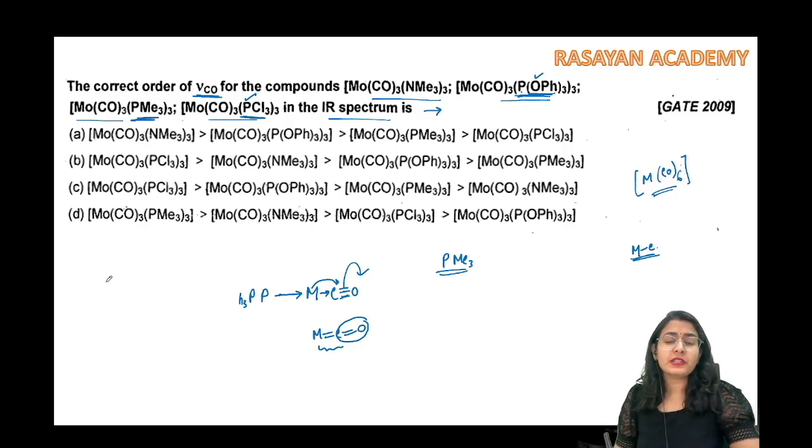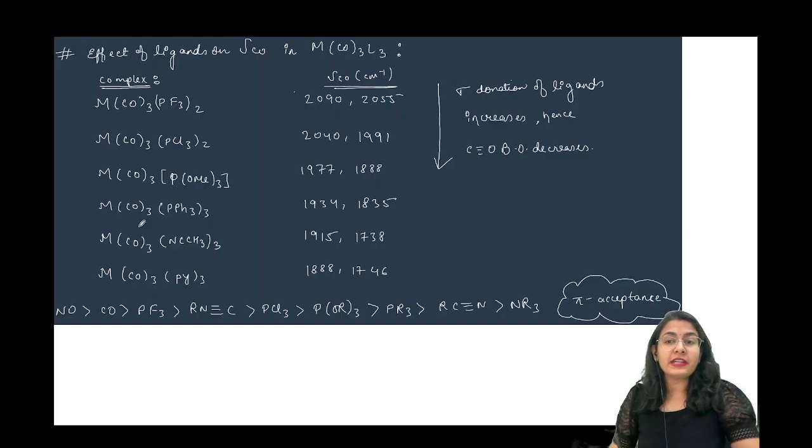So what is going to be the stretching frequency? The strongest donor is going to have the weakest stretching frequency. So we have already made a table over here. You can see, what I have done is compare those ligands which are most frequently used for bonding: PF3, PCl3, POMe3, PPh3, NCCH3, that is your acetonitrile, and pyridine.